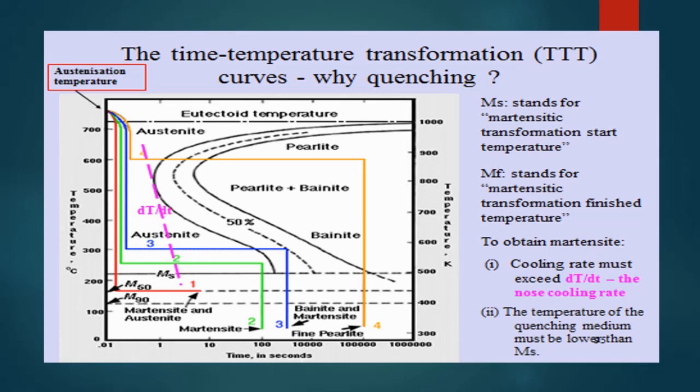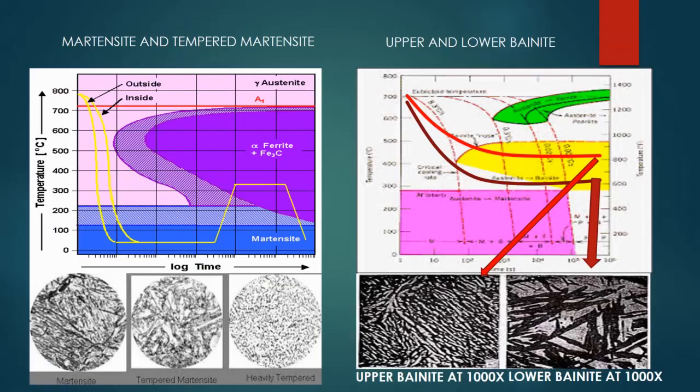This phase is called martensite. Now we have got a very hard, brittle phase called martensite. This is the martensite, white martensite. See, the structure is like this, a very hard phase. The hardness will be around 65 Rc.